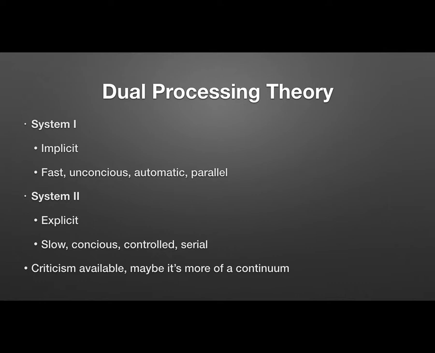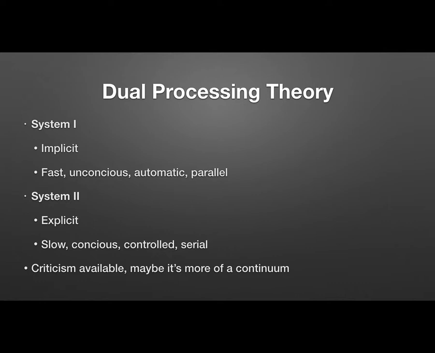System 2 is a more explicit process. It's very slow, very controlled, one thing at a time happening. And then a little bit of criticism is that maybe this is more of a continuum than these two distinct areas, which of course is probably always a little bit true.